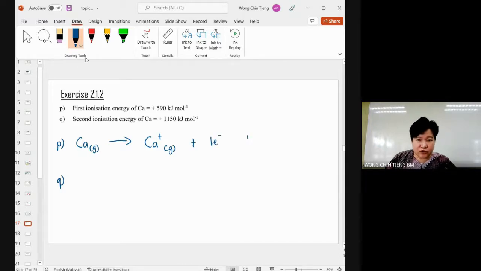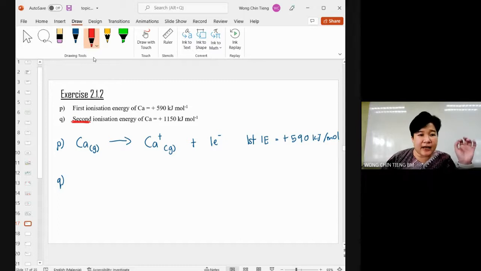Okay, that is your first ionization energy, which is positive 590 kilojoule per mole. Okay, what is meant by second ionization? Second ionization adalah kita nak buang elektron kedua. Nampak bahasa saya bukan nak buang 2 elektron. I'm not removing 2 electrons. I'm removing the second electron. That is my first electron.